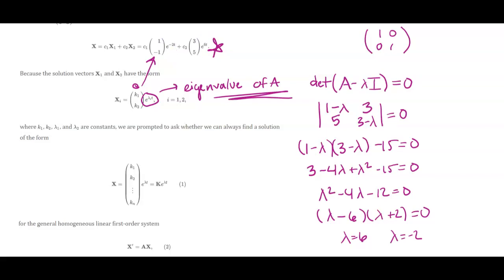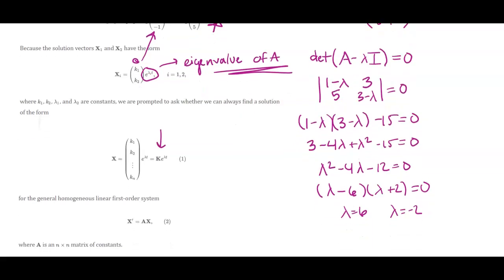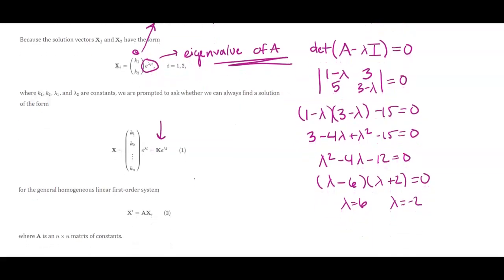The next question is, how do we figure out these k's that make up that k vector? If lambda is equal to 6, then I need negative 5, 3, 5, negative 3 times this K1, K2 to be 0.